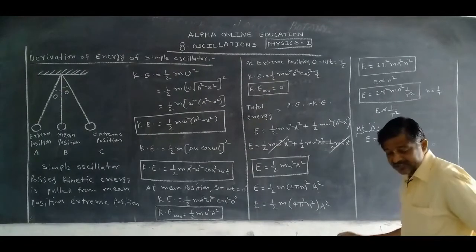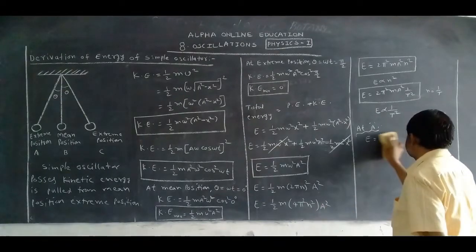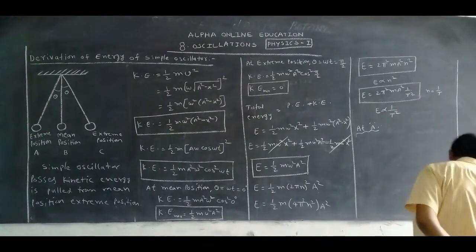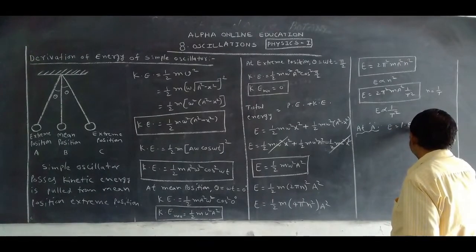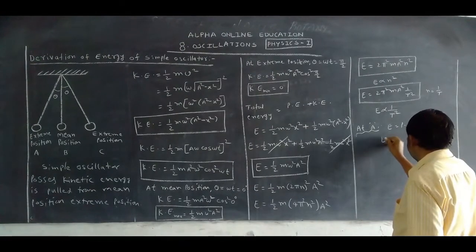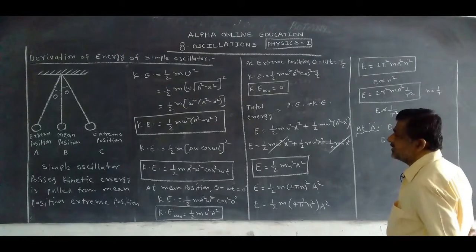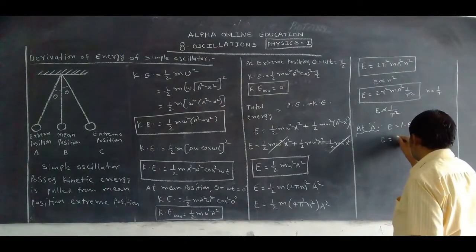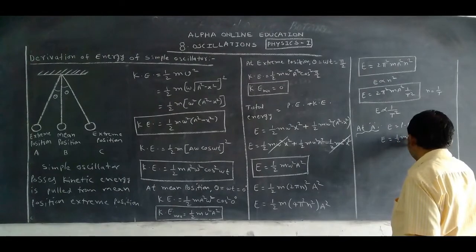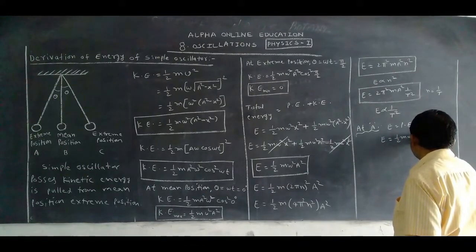Potential energy at A, E is equal to potential energy plus kinetic energy. What about E? Potential energy at extreme point is how much? Half m omega square a square.